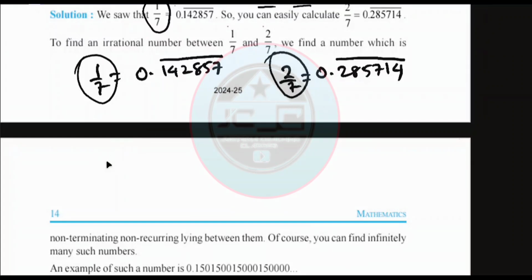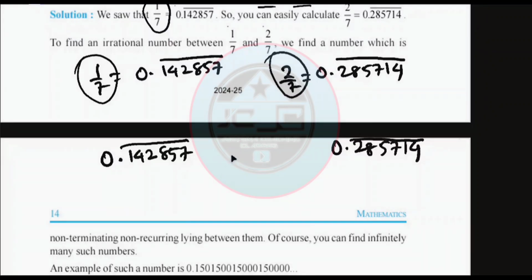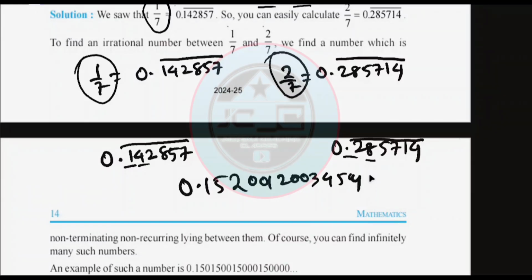So that irrational number should lie between 0.142857 repeating and 0.285714 repeating. Between them we can simply find a number: this is 14 and this is 28, so we need a number between 14 and 28. You can choose 0.15 and then continue as you wish, randomly putting digits like 0.150012003445492 7... and so on. Infinitely many irrational numbers can be found between two rational numbers.